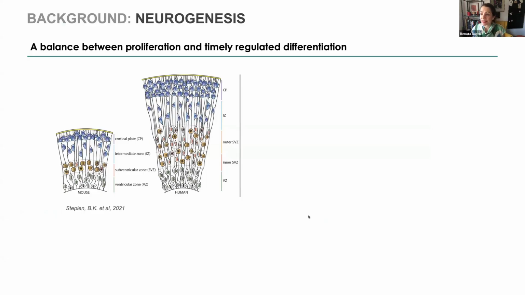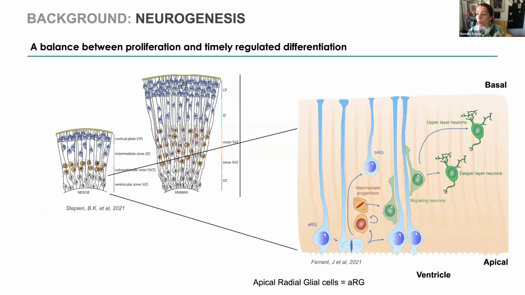So here you can see a schematic diagram of the mouse and the human brain, and the part that we are interested in here is this region that is called the ventricular zone, where if we zoom in, we can actually see what we call apical radial glial cells, which are the progenitor cells that are responsible for generating all the cells that will make the cortex.